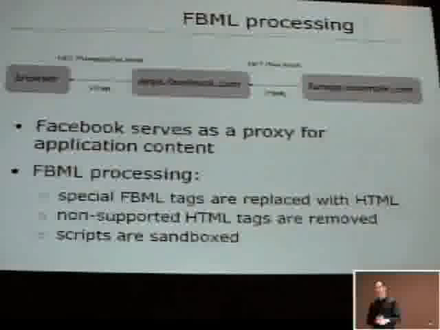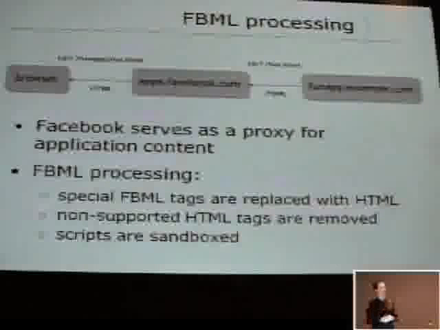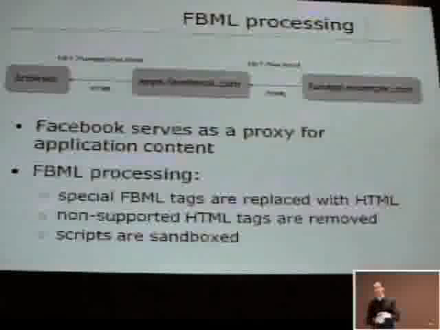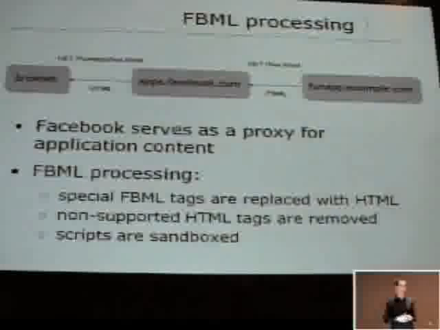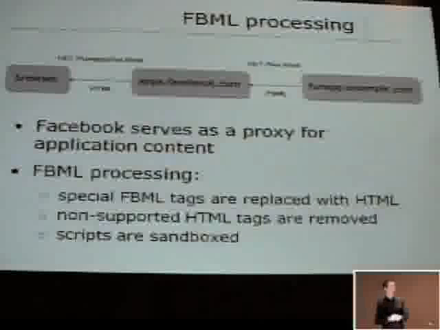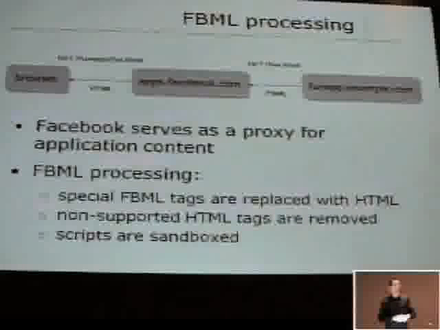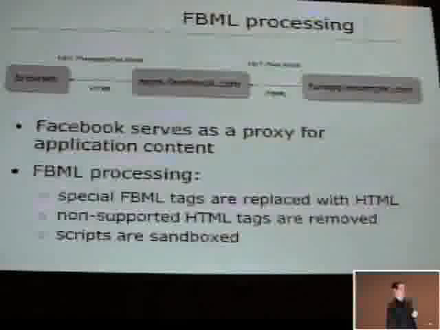For example, the chess application reads the database and shows you the current chess board, and it does this using FBML, and it returns the FBML content to apps.facebook.com. Then Facebook ensures that FBML is well-formed, does not contain any bad stuff, does XSS filtering, and then sends this back to the browser. So if there are any ways to bypass the cross-site scripting filter there, the third-party application can exploit the browser of the user who's using it.